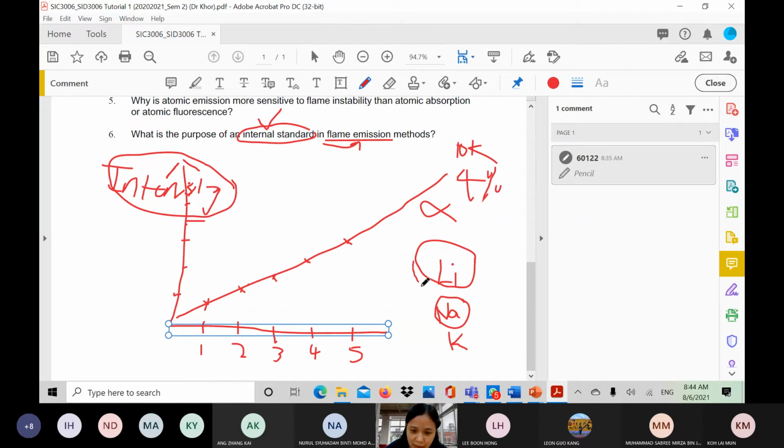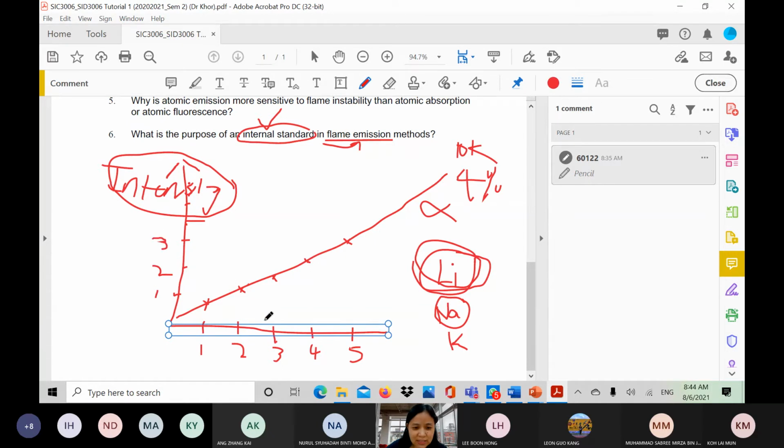You must get the concentration of lithium fixed at one concentration. Let's say ideally the intensity is 1 for 1 ppm. If it is 2, it is 2 ppm.